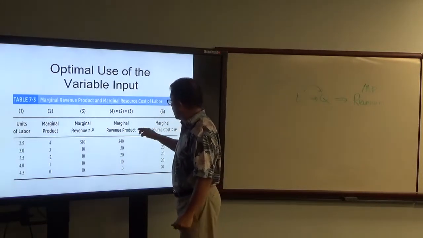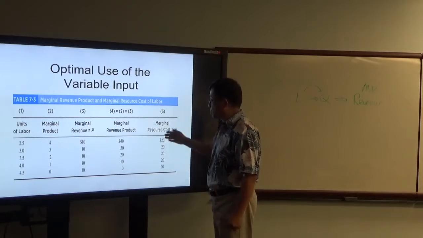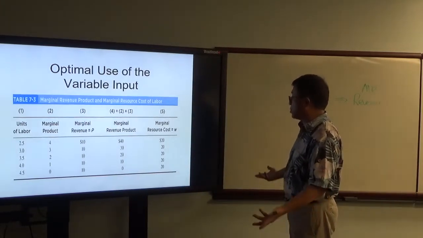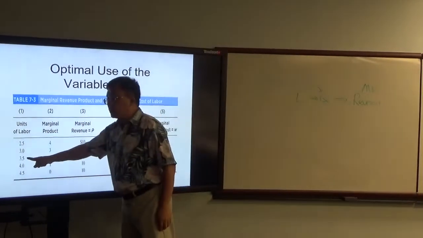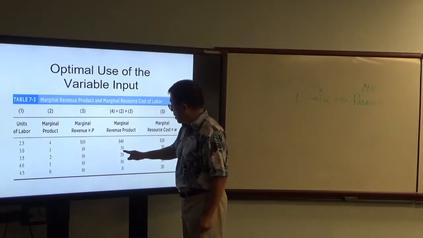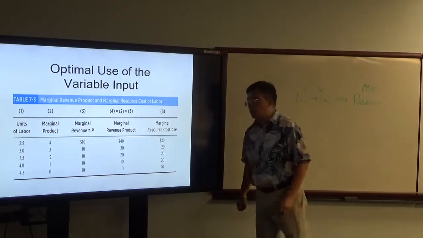And the marginal resource cost is equal to the wage. We're assuming the wage is constant. So now, if you look at this table, how much labor to use? Probably 3.5. Yeah? Why 3.5? Because this is when the marginal revenue product is the same as the marginal resource cost.